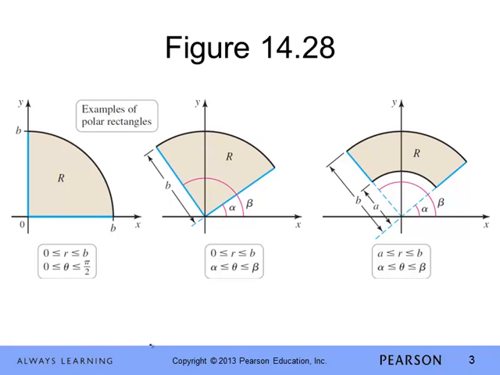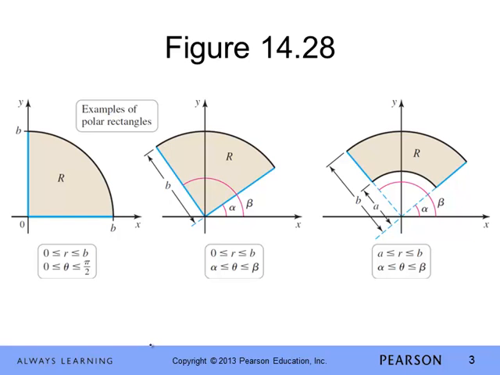Well, in polar coordinates, we have the same thing for the two variables. We have that the radius varies between two constant values, like between 0 and b, for example, and theta varies between two constant values, like 0 and pi over 2, like you see here, like you see there.